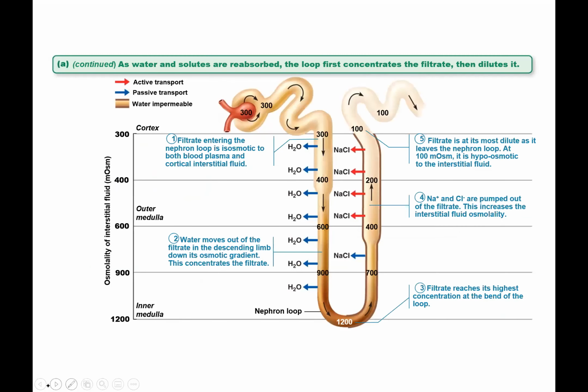Okay, we'll jump to this one real quick. You want to keep water. You're going to keep some ions, which are your charges, your positive and negative charges, such as sodium chloride. You're going to keep blood.